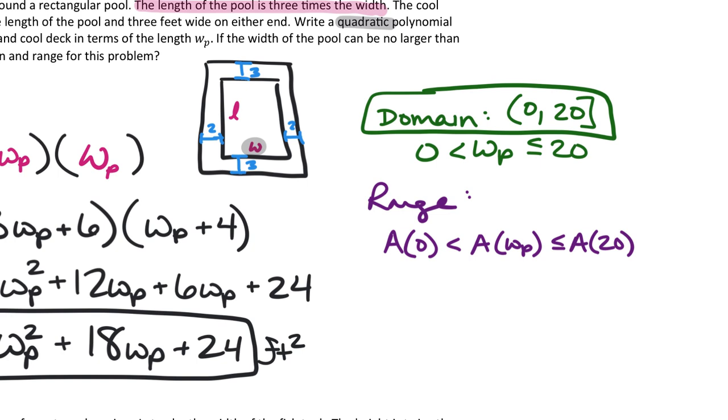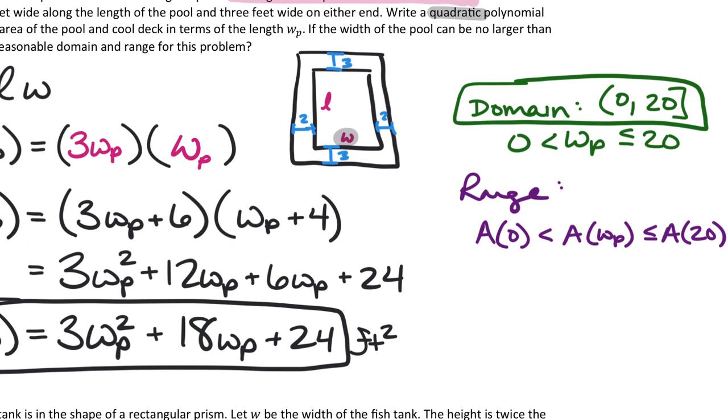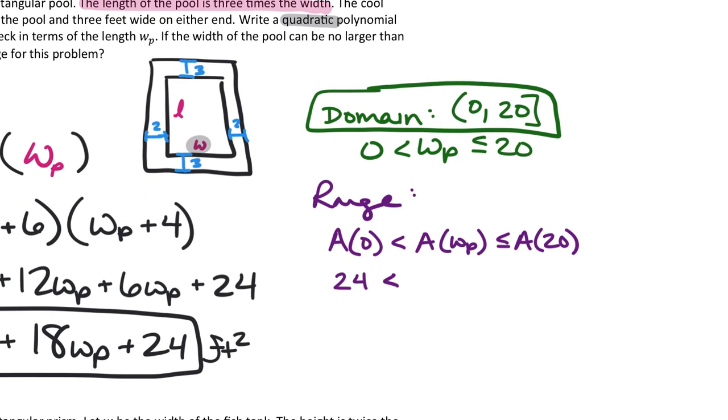So A of 0 literally just says to plug 0 into my function. If I plug 0 in here and in here, what's the output? 24. If you plug in 0, the first two terms cancel because they're multiplied by 0, but the constant term stays. So the smallest the range will be is 24, or just larger than 24.